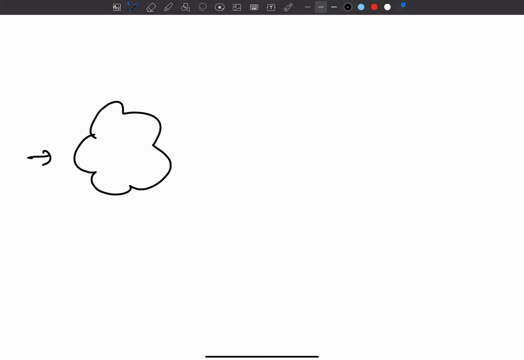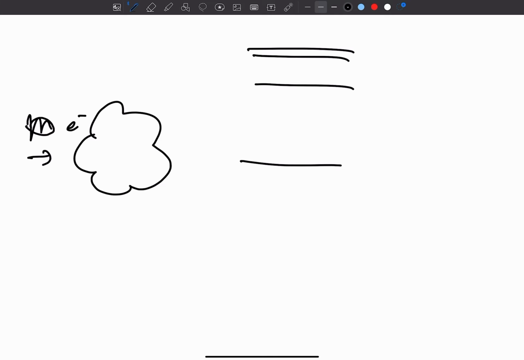So this is what the energy levels within the gas look like, right? So when the photons come into collision with the electrons, it will gain energy, right? And it will be excited.